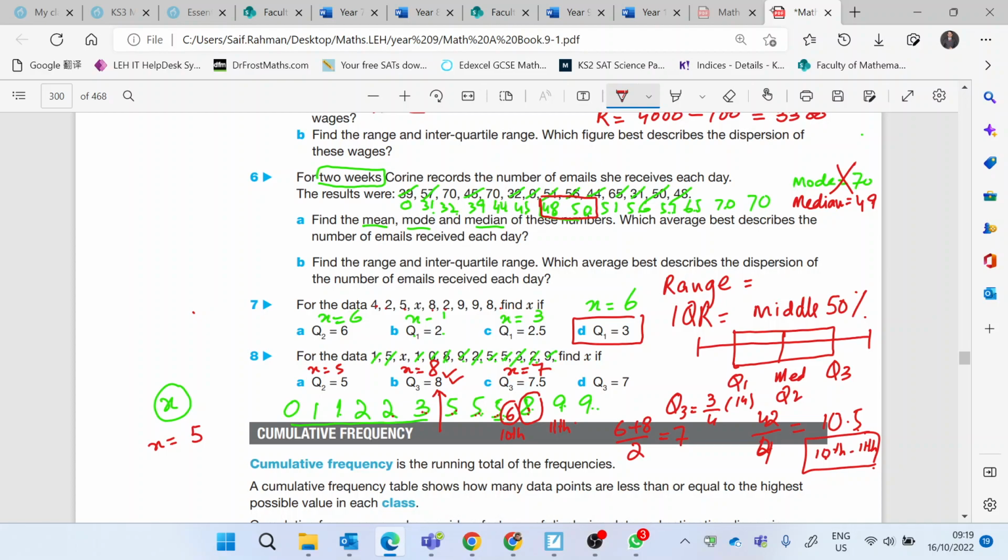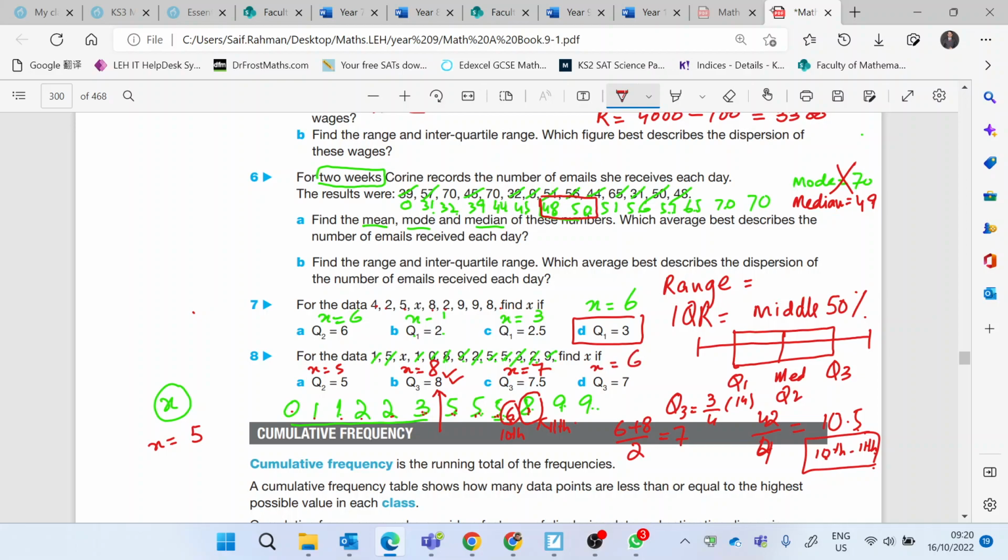The 11th value we already have is 8 right here, so the 10th and 11th average gives you 7. In this case, we need x is equal to 6.